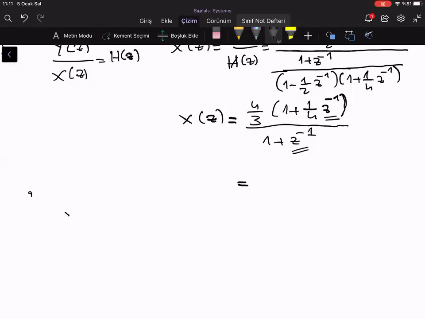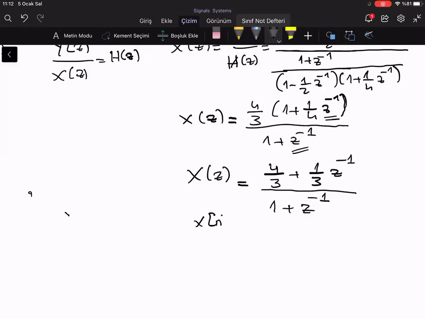The easier form is 4 over 3 plus 1 over 3 z to the power minus 1, divided by 1 plus z to the power minus 1. Multiplication by z. If you start doing that, I don't want you to find the ROC. I want you to find x of n, arkadaşlar.